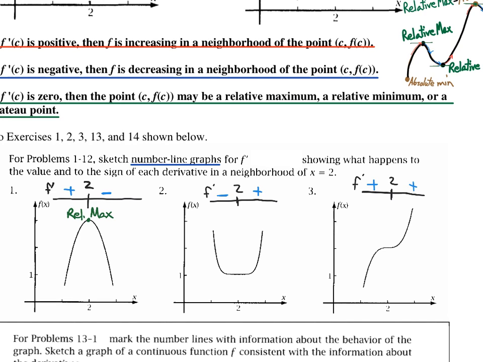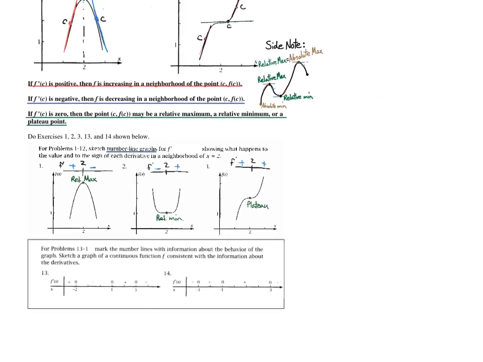If we're changing from negative to positive at that point, we have a relative minimum. Okay? And if there is no sign change at all, that's a plateau. Okay? And guys, really, that is our first derivative test. Okay? The first derivative test.